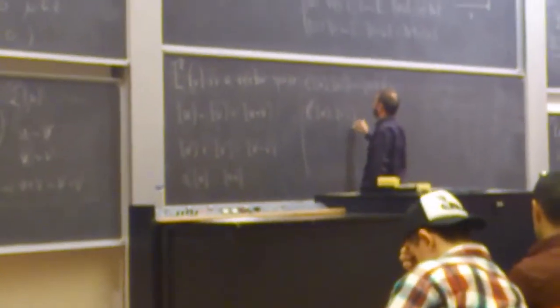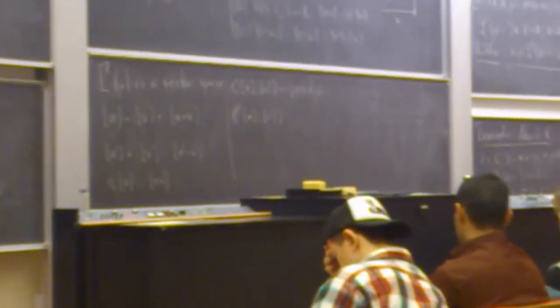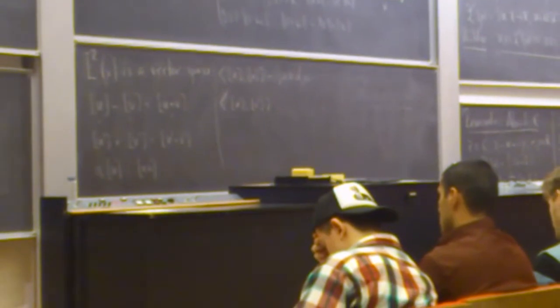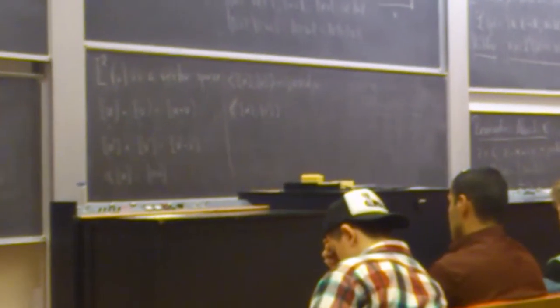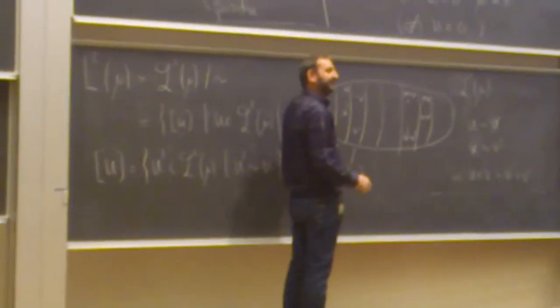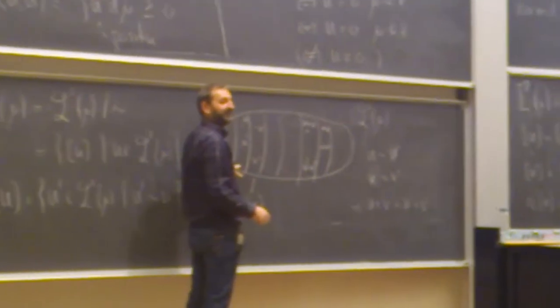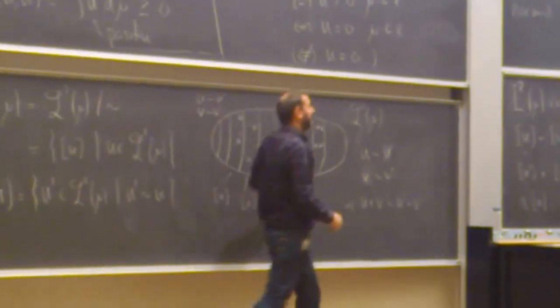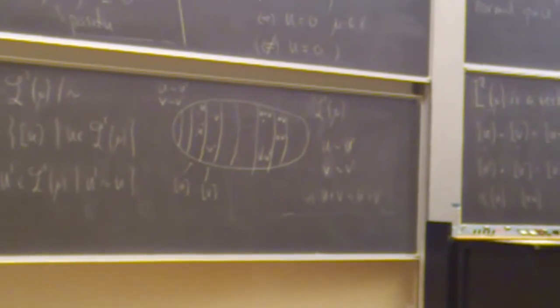If you do any manipulation with a slice, what I do is pick an element from the slice and then manipulate with that. And then I hope that my manipulation does not depend on what representative I pick from the slice. I could also have chosen different representatives, and my inner product would have been the inner product of U prime and V prime, but these are equal.